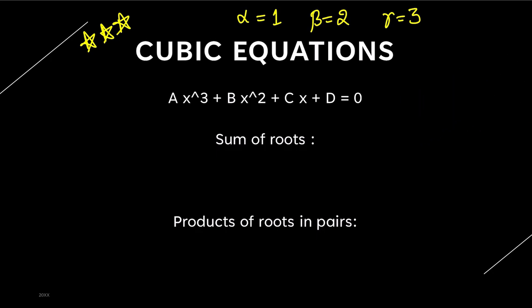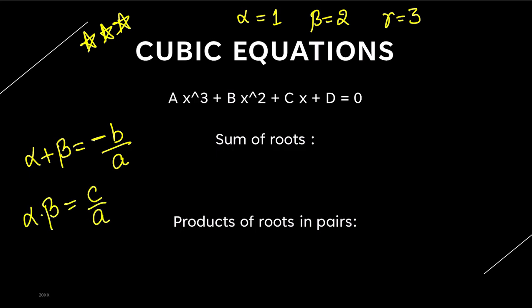Before that, there are a few formulas. I hope you remember that in a quadratic equation we have alpha plus beta, means sum of the roots, is minus b by a, and product of the roots is c by a, right? This was the case in a quadratic equation, but in the case of a cubic equation, remember this formula: sum of roots, means there are three roots, alpha plus beta plus gamma is minus b by a.